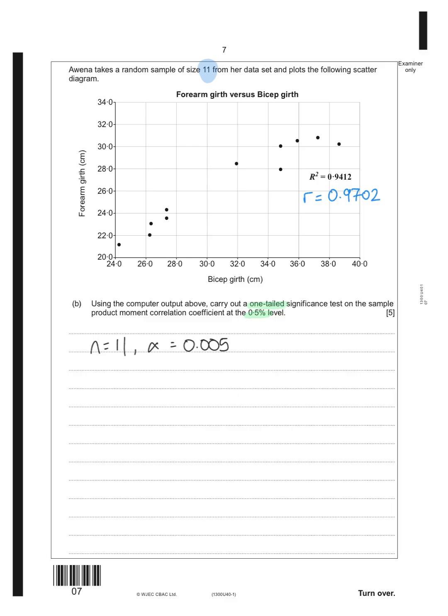Okay, so if we're doing a hypothesis test, let's state our hypotheses first. Now we're going to use rho. So let rho be equal to the correlation coefficient.